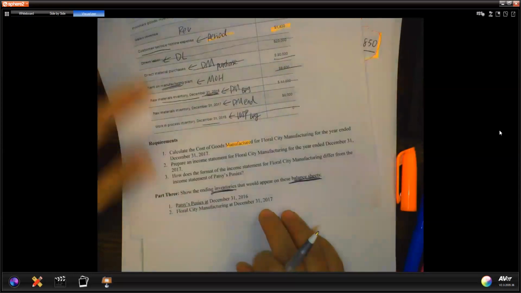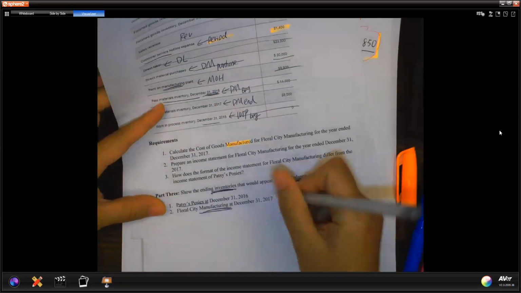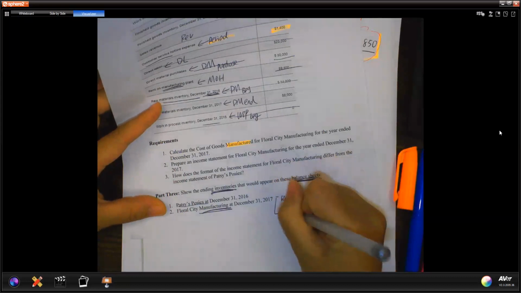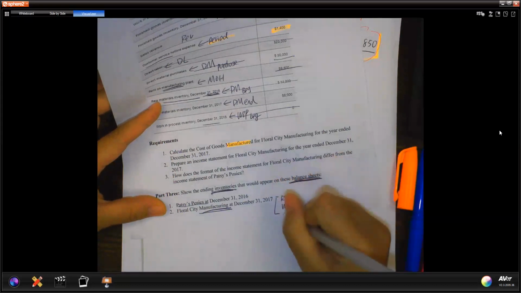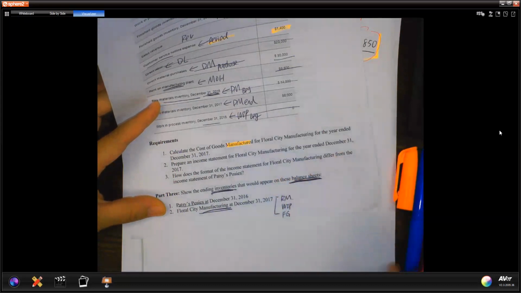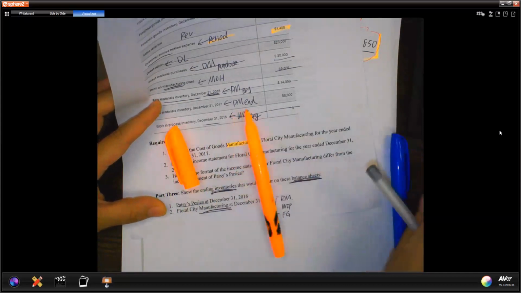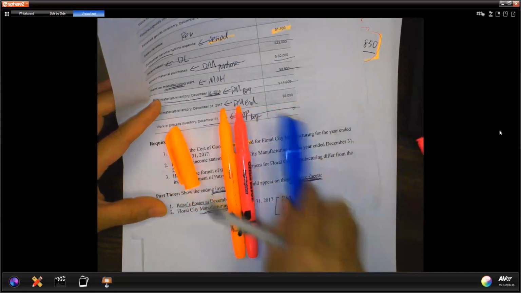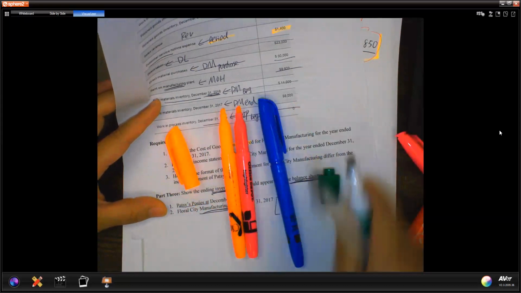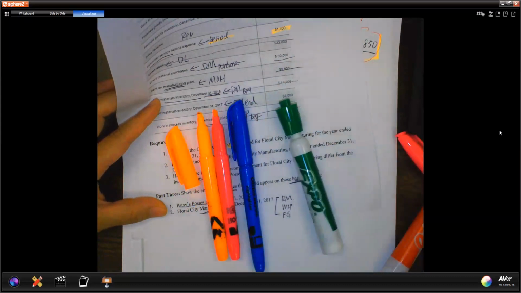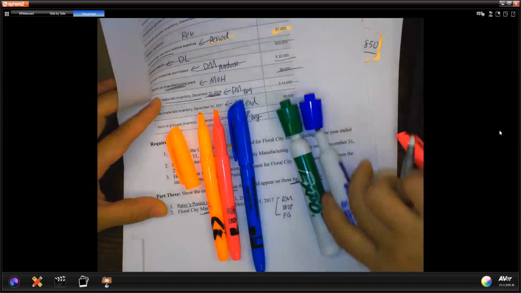9,100. But for our manufacturing company, the inventory has 3 parts, right? You have the raw material or direct material, you have your work in process, and then you have your finished goods. So we have to put all the information on your balance sheet as the ending inventory.